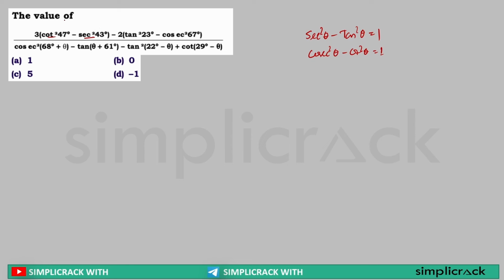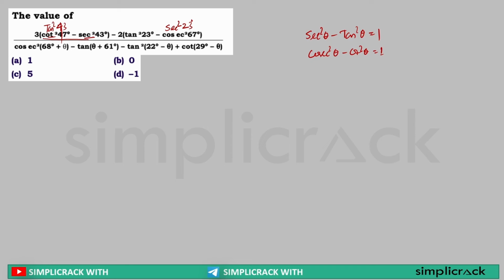Sir, cot 47 is equal to tan square 43. Sir, tan square 23 cosec square 67. This is equal to sec square 23. Yes or no? Yes.